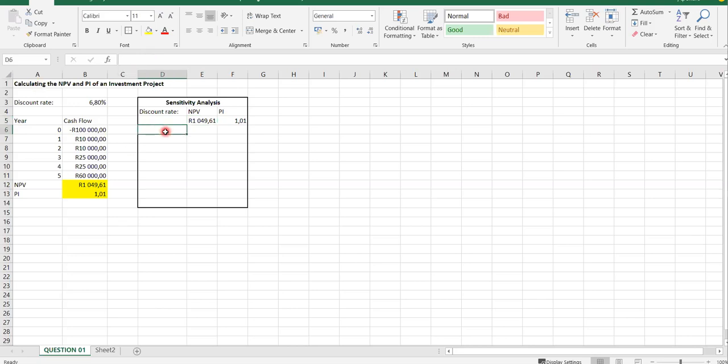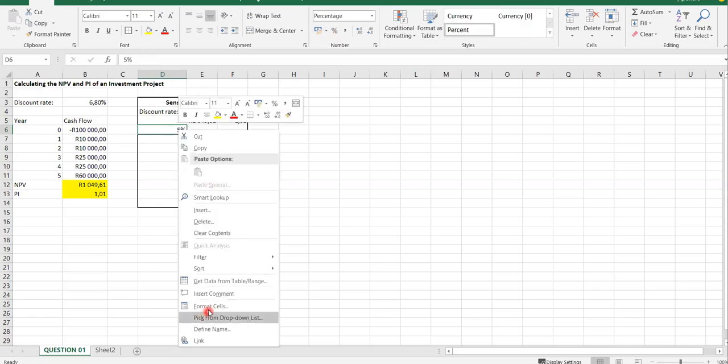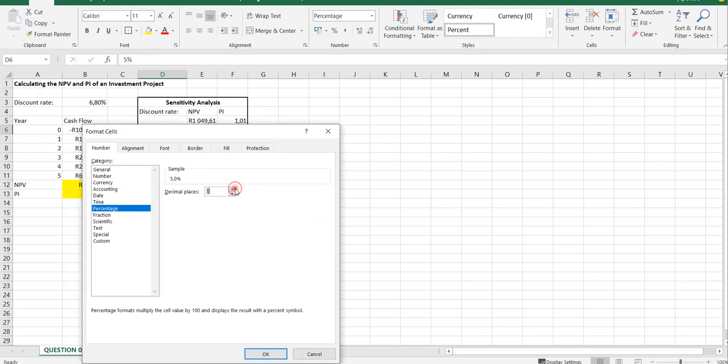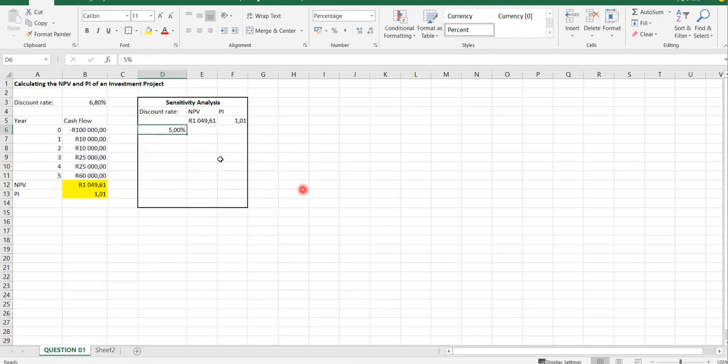And then in terms of the interest rates, we're going to start from 5%. So let me put it as a decimal first, 0.05. Let me format it to percentage. I need 2 decimal places. It's 5%. Right, and then the same applies here.